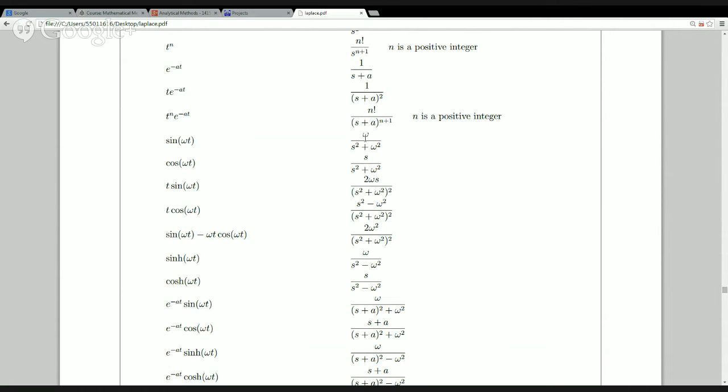This gives us, on the left-hand side, y of t. And the s over s squared plus 1 is a cosine, so it's minus cosine of omega t, but omega is 1, plus sine of t. And 1 over s plus 1 goes to e to the minus t, plus e to the negative t.